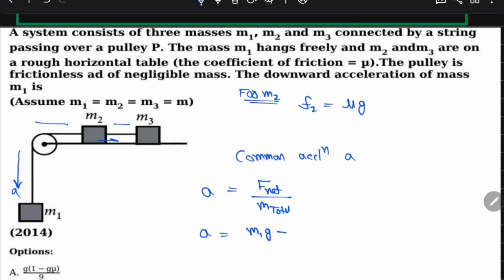In a similar way for the third body also, mu m3 g.